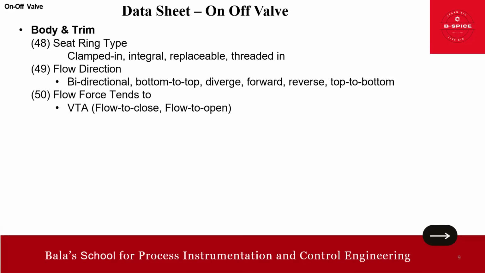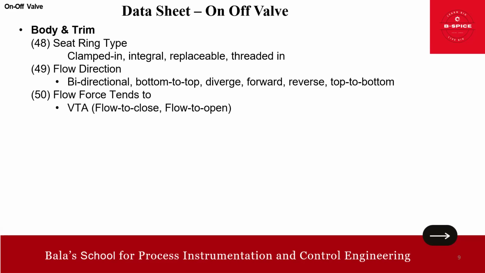You got it, friends? In valves, flow to close means the fluid flows over the plug, resulting in a closing action. So basically, FTC, flow to close, is ideal for high pressure and high temperature application. If you see a practical application, it's commonly used in anti-cavitation trim in a rotary valve.